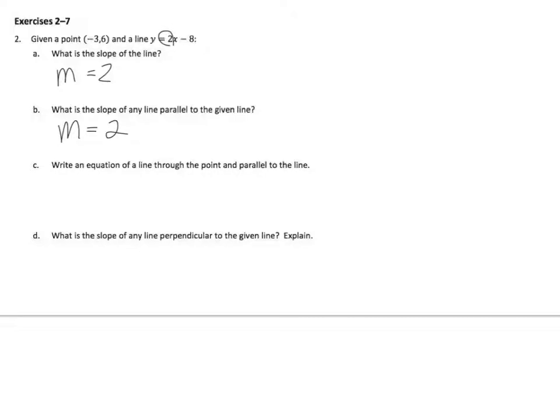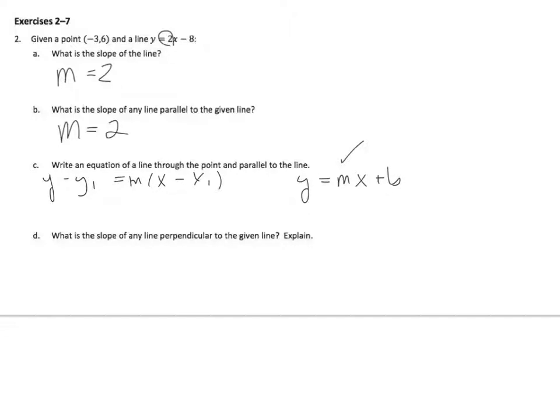You can do this many ways. y minus y1 equals m times x minus x1 is one way. Or you can just pick the point and put it into y equals mx plus b, solve for b, and then write your equation. This is the way I prefer because I really like slope-intercept form, so it doesn't matter. I'll do it both ways this time.